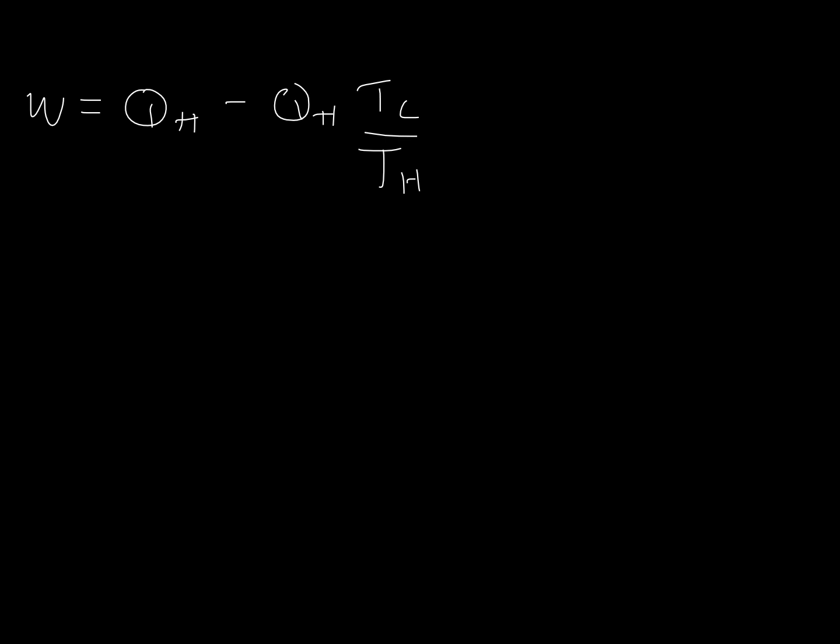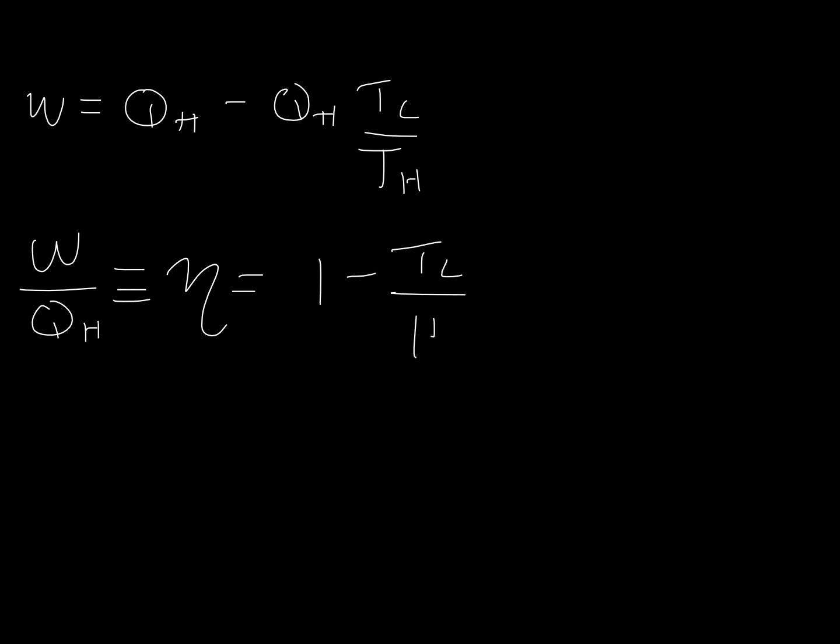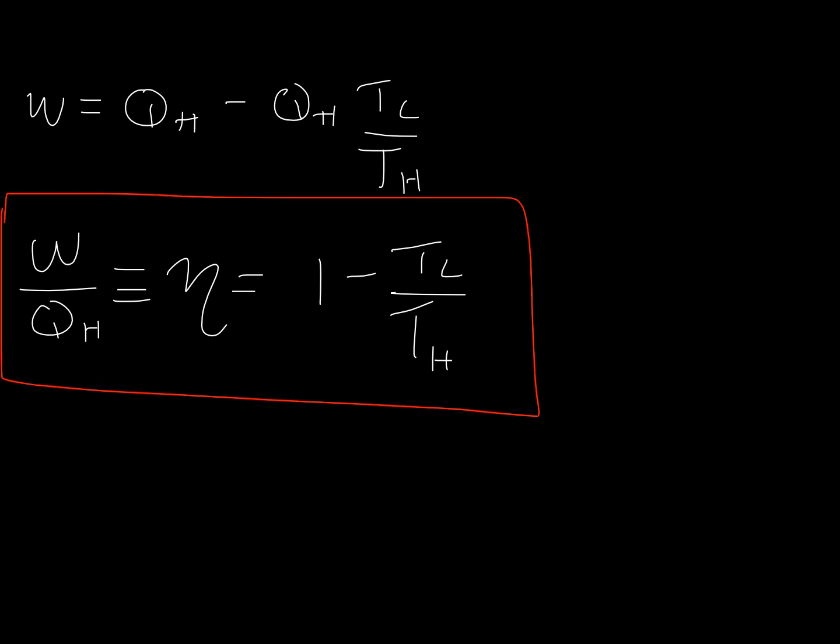So if we pull the QH out of the expression and move it over to the other side, we get W over QH, which is what we're defining as the efficiency, is equal to 1 minus TC over TH. And we have the Carnot efficiency. All that was required is the combination of the first and second laws.